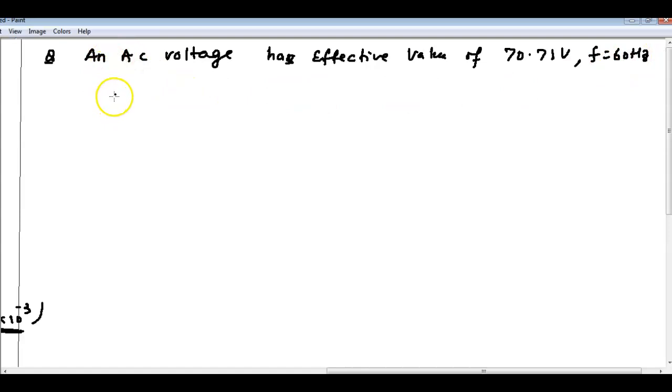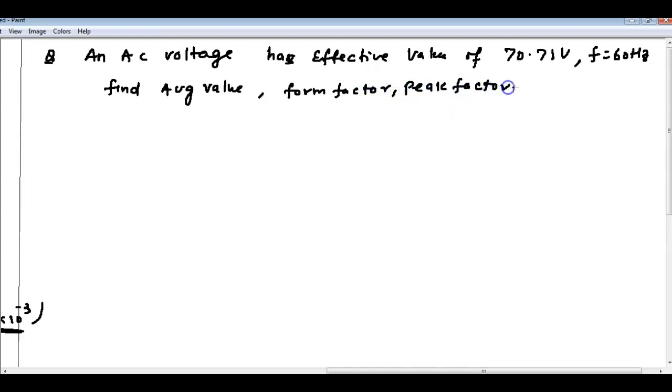Find its average value, form factor, and peak factor. This is the question given here.